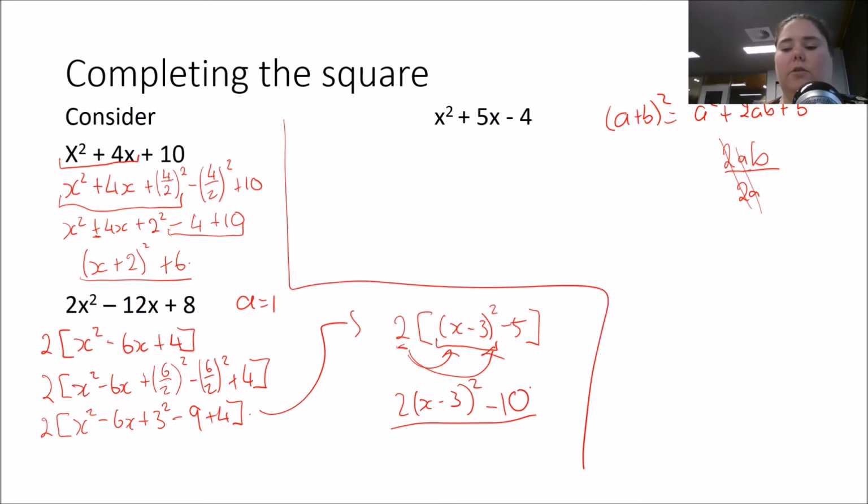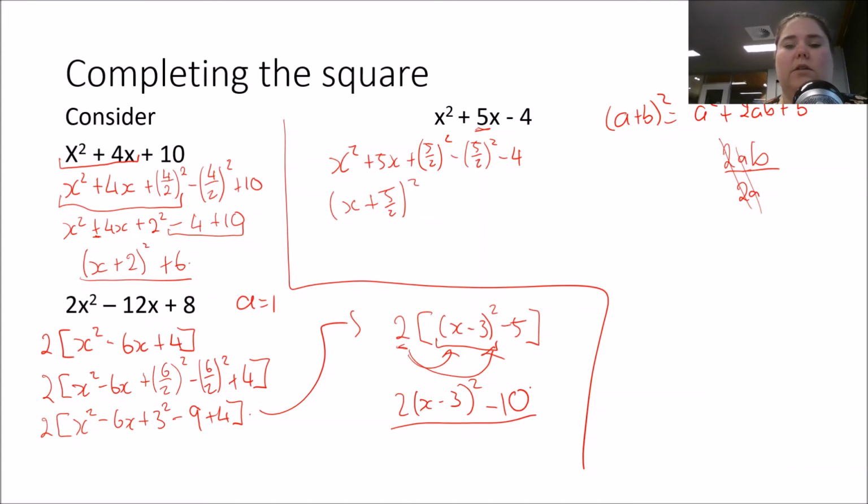Okay, the last thought you might get is when you've got these odd b values. It's the same deal, it's just we're going to deal with fractions now. So x squared plus 5x, so then we add b on 2 squared, take b on 2 squared. Okay, so now we can't simplify 5 on 2 any more than that without doing a decimal, so we're just going to leave it as it is. So that's going to become x plus 5 on 2 squared.